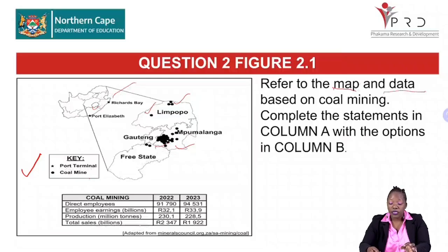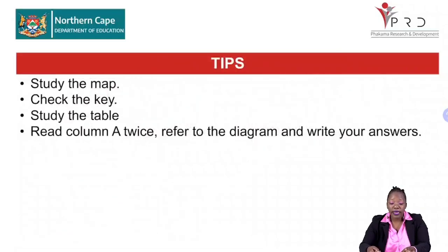So now let us go through the exam tips. It says study the map. We have done that. Then check the key, and also study the table. We have done that. Then you read column A twice. Remember, you need to read the questions twice so that you understand. And then you refer to the diagram and then you write your answers.